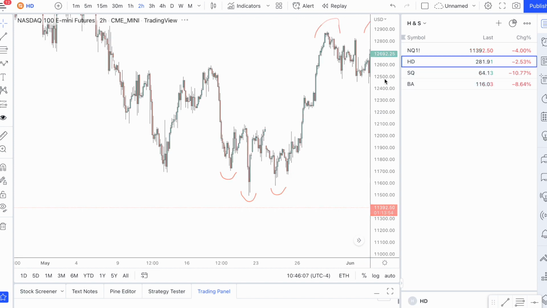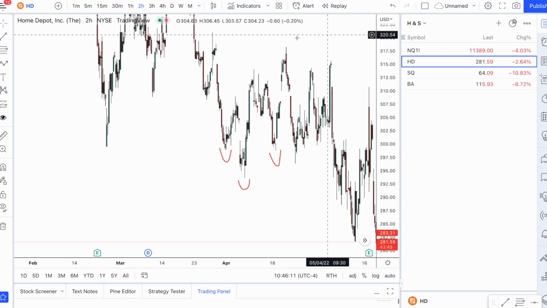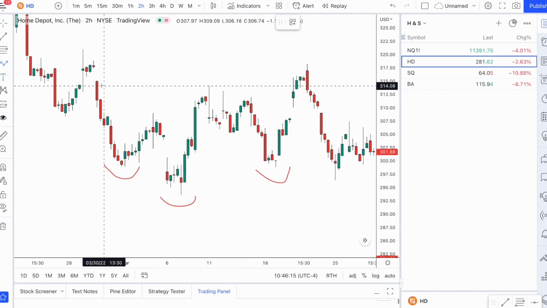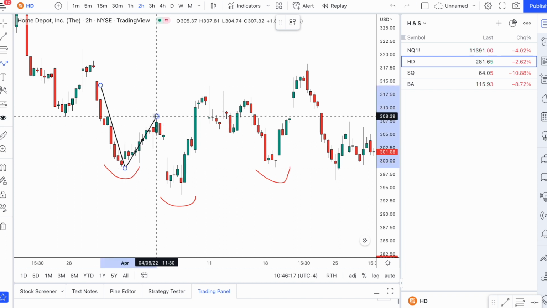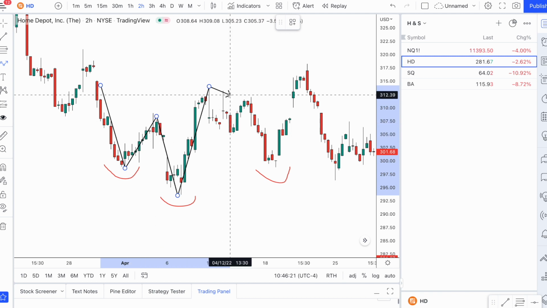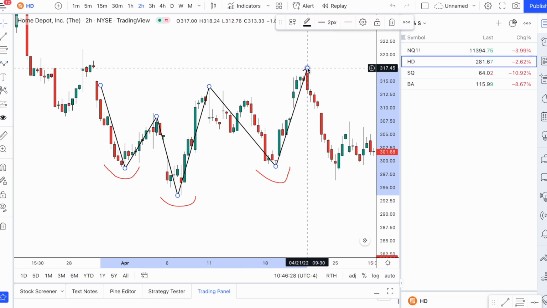Let's take a look at Home Depot. Same thing on the 2 hour. Price comes down, makes a shoulder, makes a lower low for the head, makes up, breaks this pivot here, makes a higher low here, sorry, and then ends up breaking out just like that.